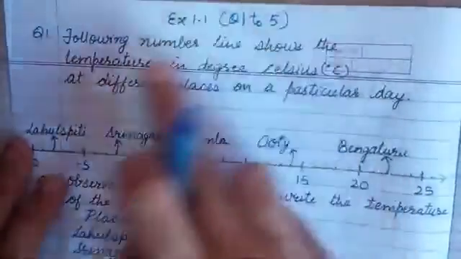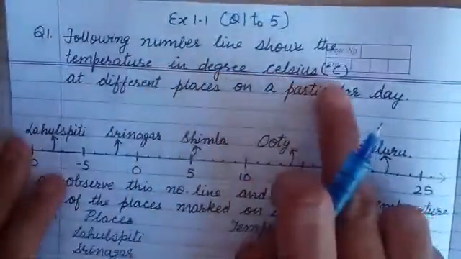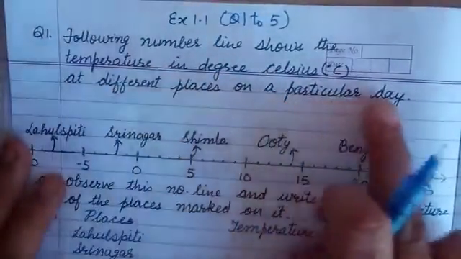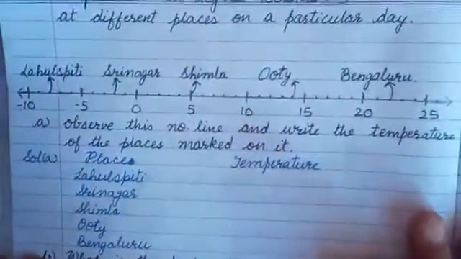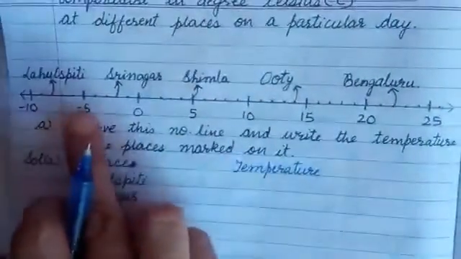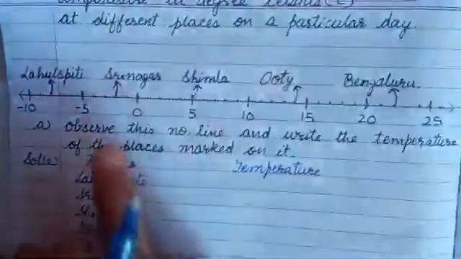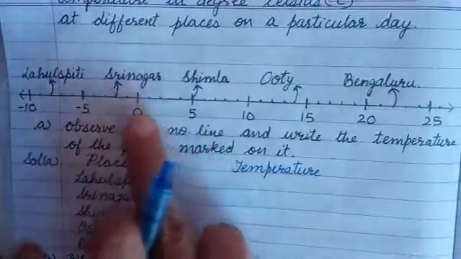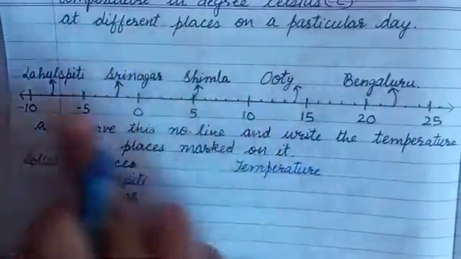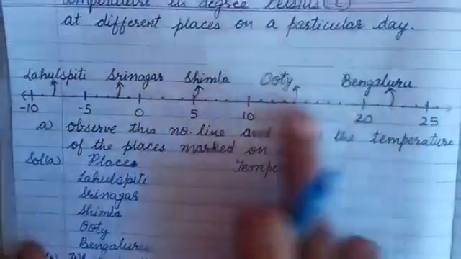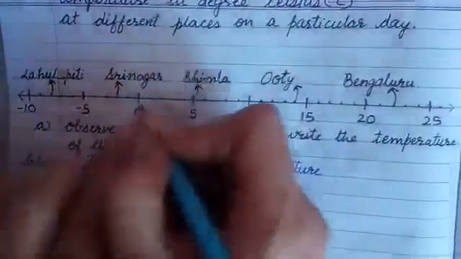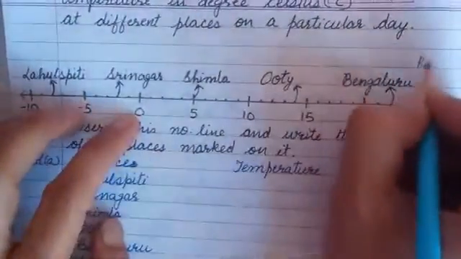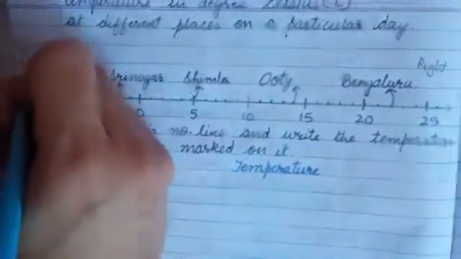The following number line shows the temperature in degrees Celsius at different places on a particular day. This number line has been given to us, and only a few integers are filled. Let us write the appropriate numbers at each dot. Here this is right side, this is left side.